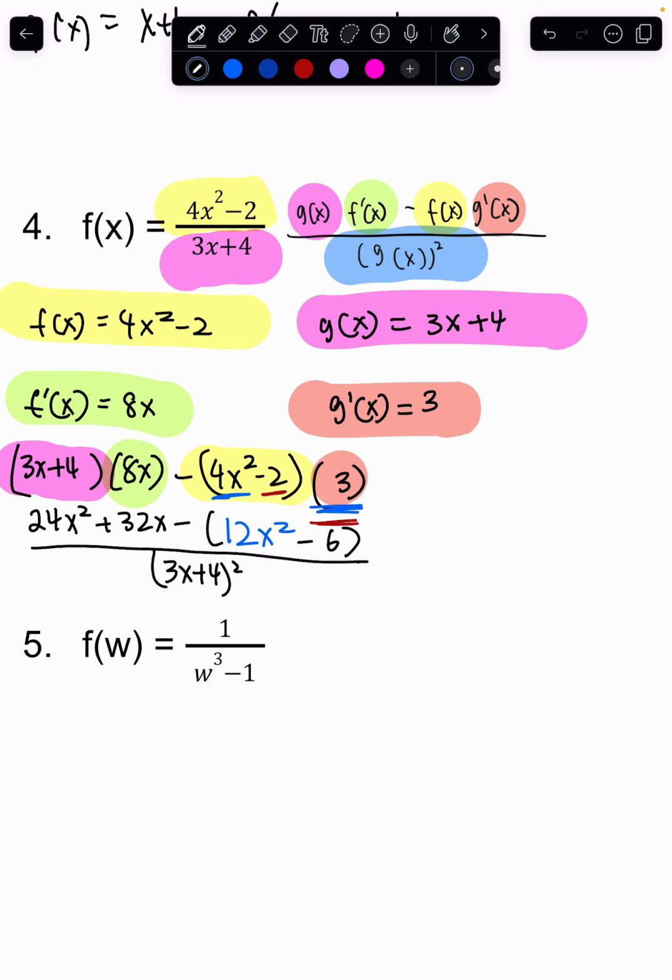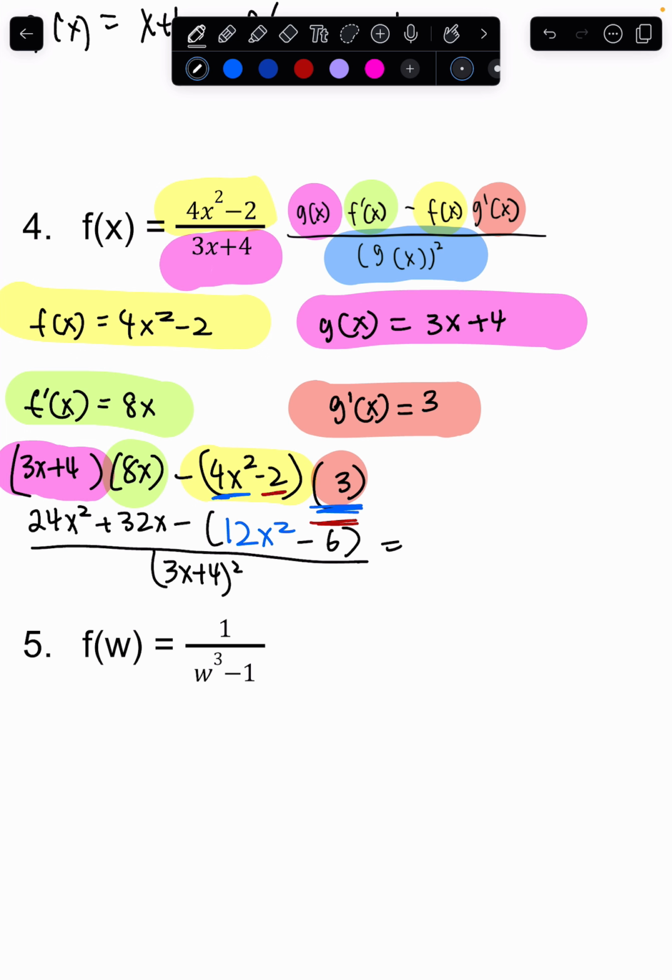Okay, so that's your equation to start with, and then once we do that, we can just solve everything. So let's solve the bottom first. The bottom is just going to be 3x plus 4, because there's no need to solve anything from that, because even if you solve it, you're not going to get anywhere. So we can just leave it as 3x plus 4 squared.